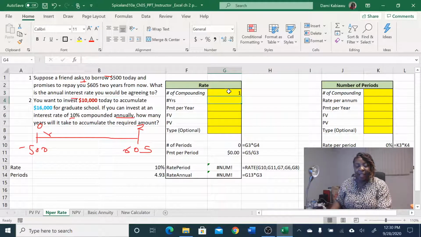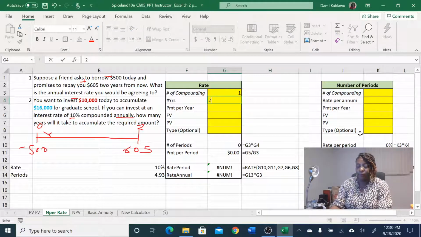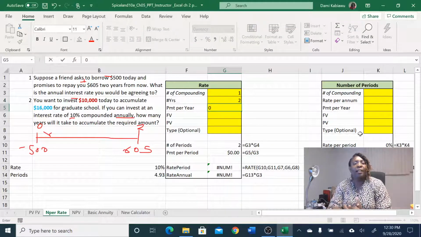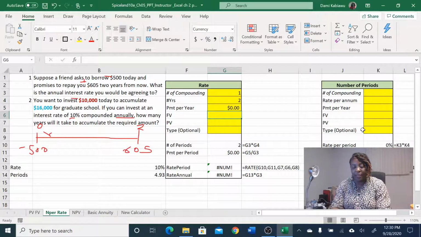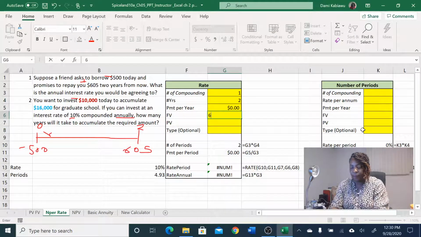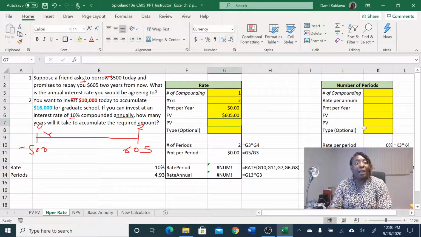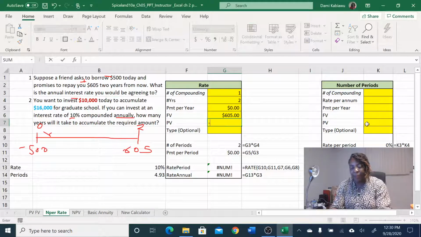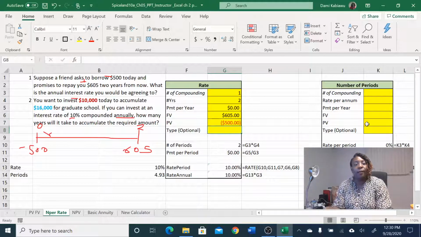We're looking at 2 years for question 1. Payment per year, we're going to leave it at 0. The future value for question 1 is 605. The present value is an outflow, minus 500.